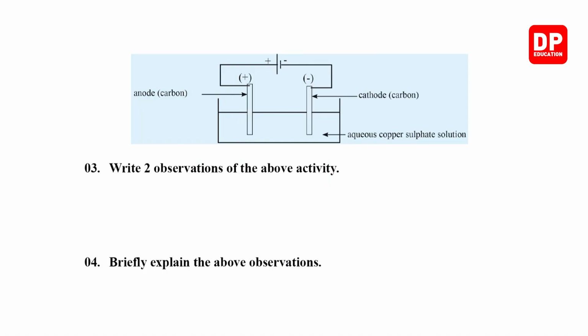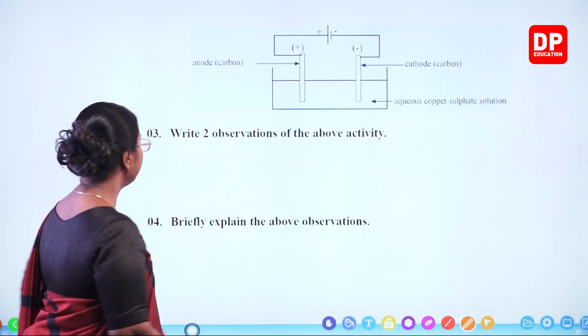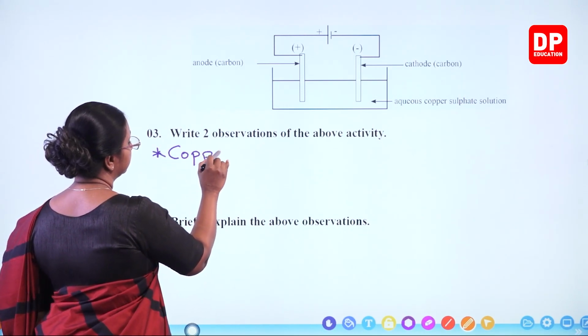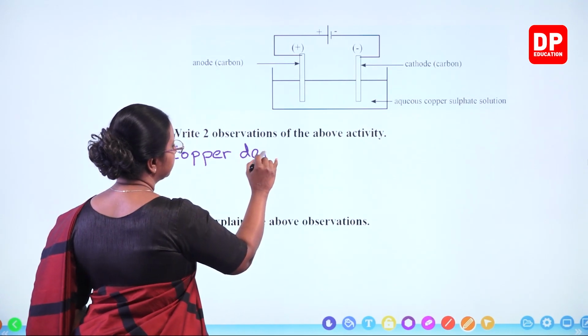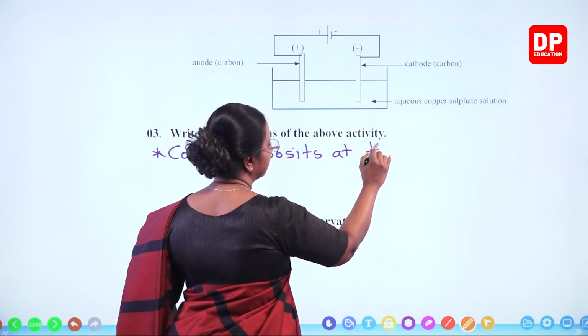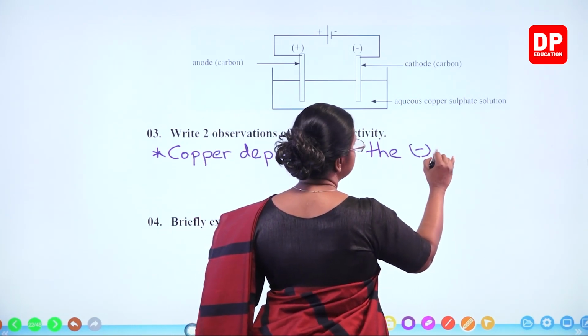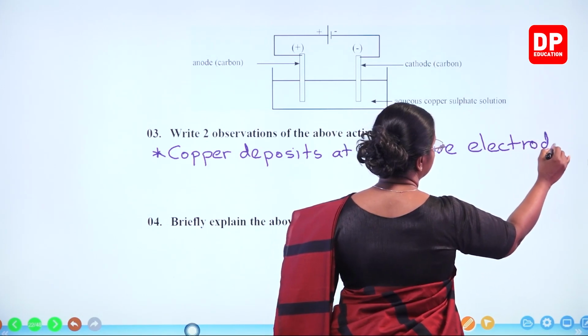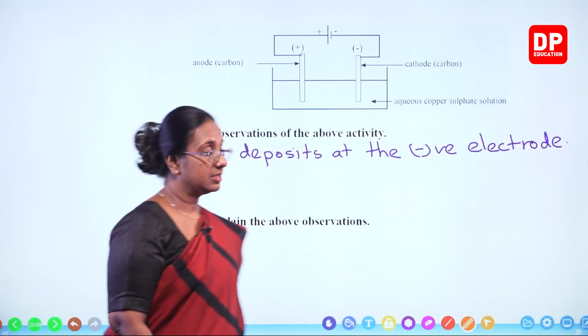Part 3, write 2 observations of the above activity. Now you all know copper deposits at the negative electrode. So that is 1. Copper deposits at the negative electrode. Then what did we write?